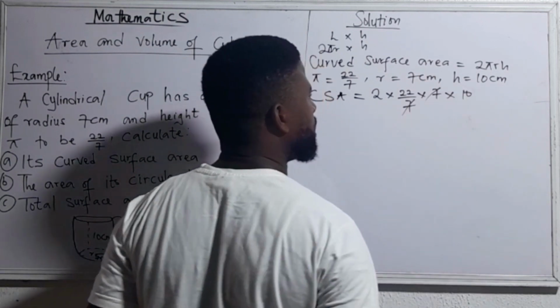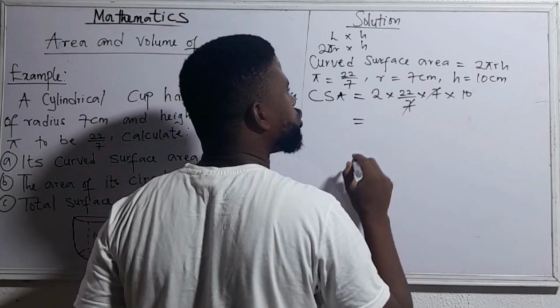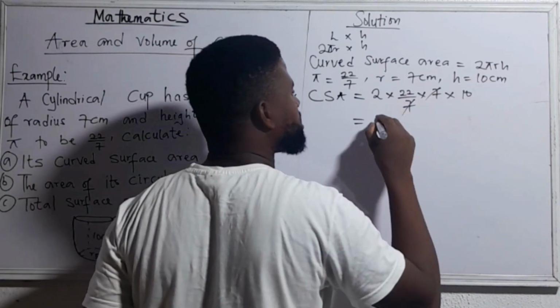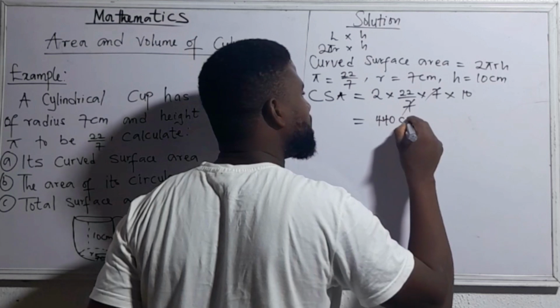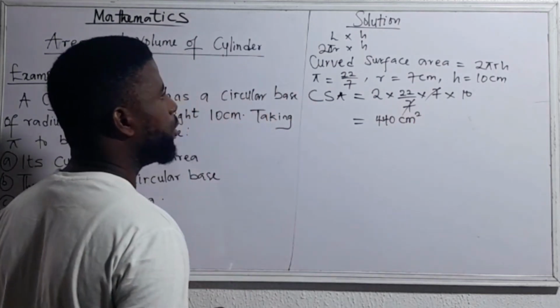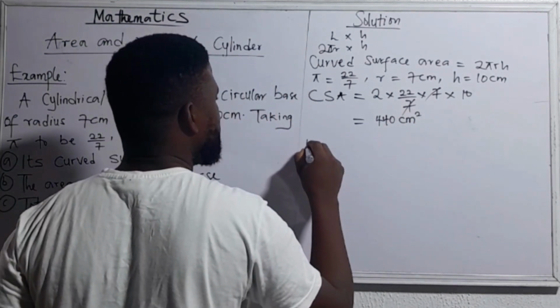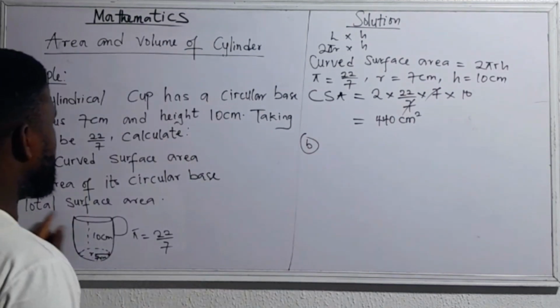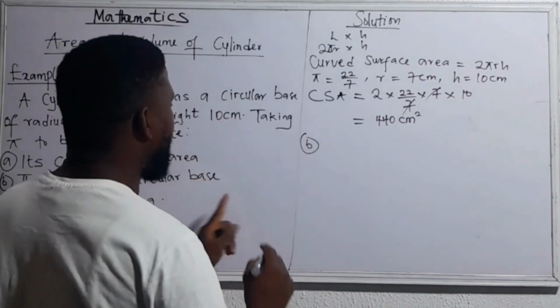So 7 will rule out 7, and that will give us 2 times 22, which is 44. 44 times 10 is 440 centimeter square, right? That's A.